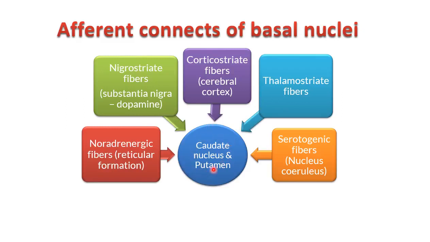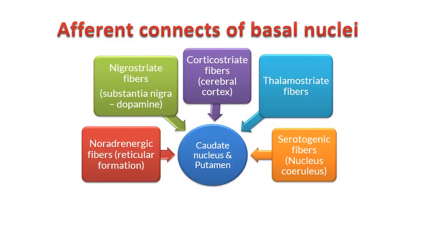Then apart from that, mainly dopamine from the substantia nigra. They are called the nigrostriate fibers. Now the dopamine is thought to be released by two types of cells. You have group A8 cells and A6 cells.